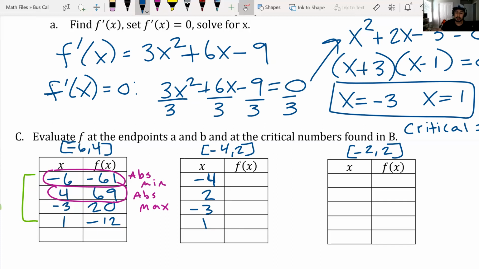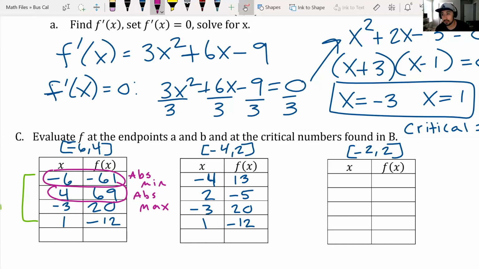And again, take these numbers and plug them into the original function. If I plug in -4, I get 13. If I plug in 2, I get -5. If I plug in -3, I get 20. If I plug in 1, I get -12.